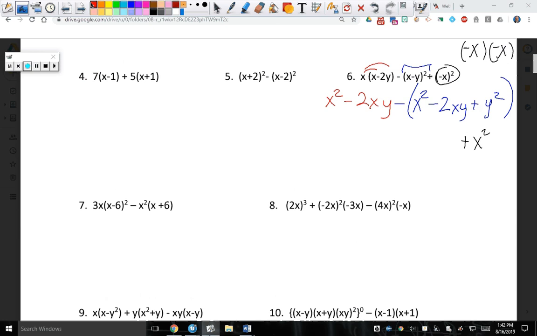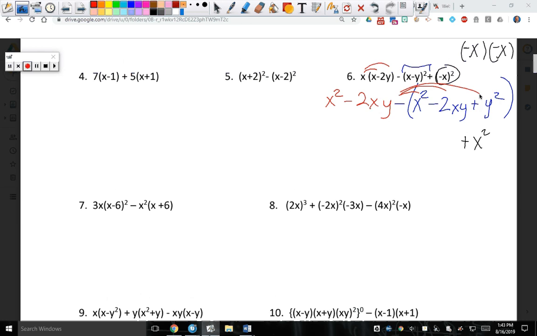There's no right or wrong answer. I just want to see what the progression is that most people would do. Have you already moved the negative across? Not yet, not yet. I've written the parentheses, but I haven't yet distributed, correct?